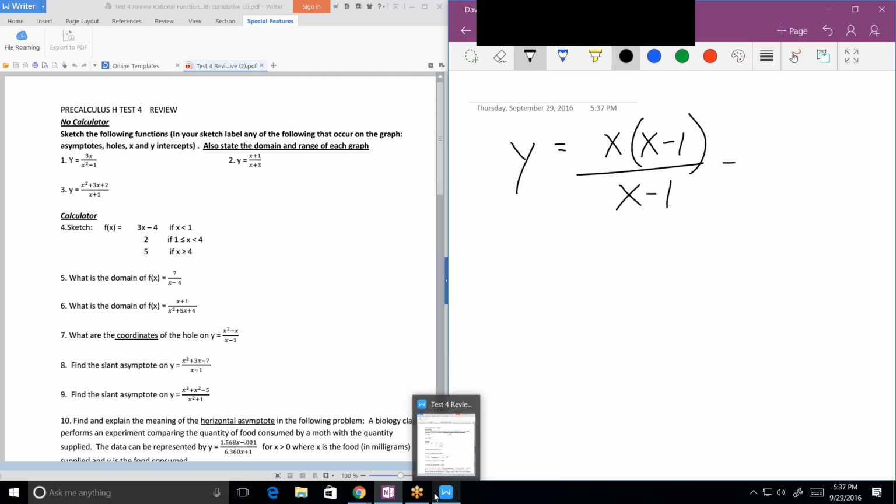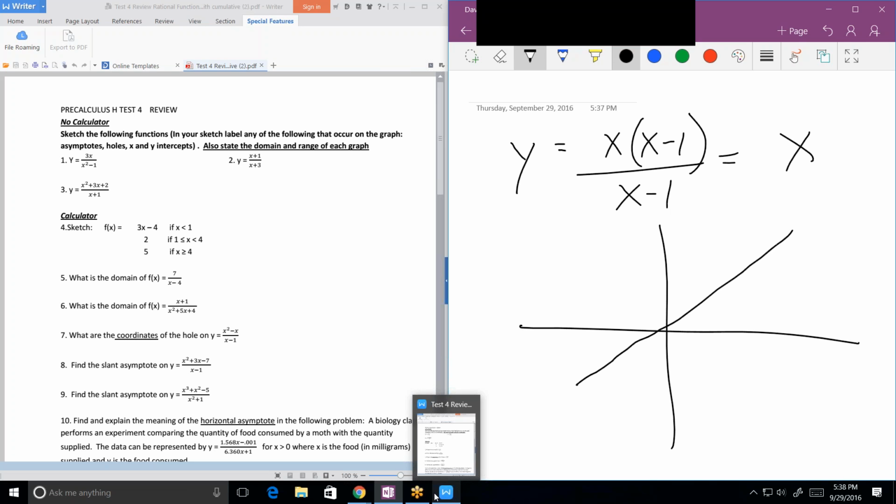In other words, this function is actually y equal to x, but there's a hole where? At +1. Okay. What are the coordinates of that hole? In other words, the function looks like this. That's y equal x.